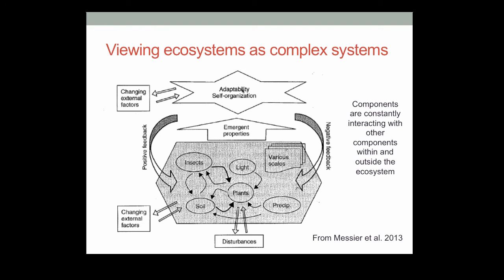So really the point here is to really think about these ecosystems that we're trying to restore as being really complex in terms of their interactions, and it's those internal and external interactions and the properties that emerge from these interactions that are really going to drive how well we can restore those ecosystems.